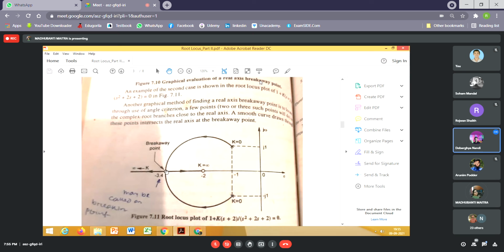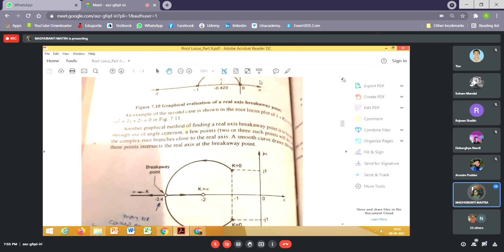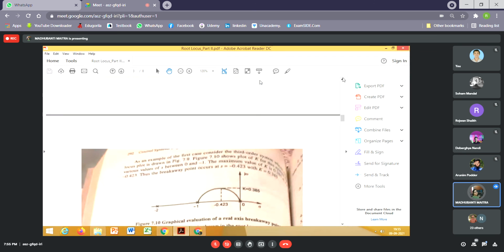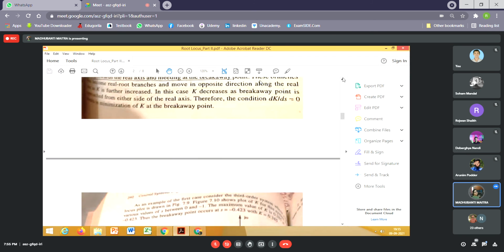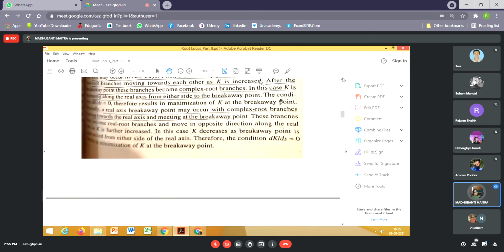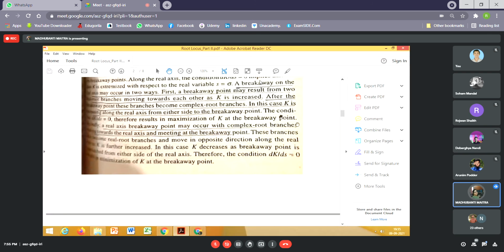And there is another significance of this that can be explained on the real axis considering s to be sigma. You see, dk/ds equal to 0 means, if we consider s to be sigma, that on the real axis the equation will be dk/dsigma equal to 0.